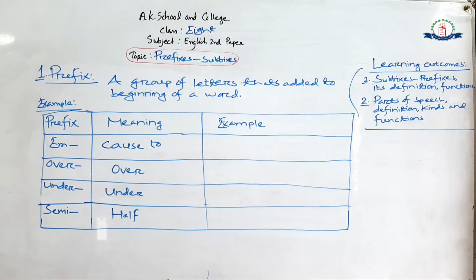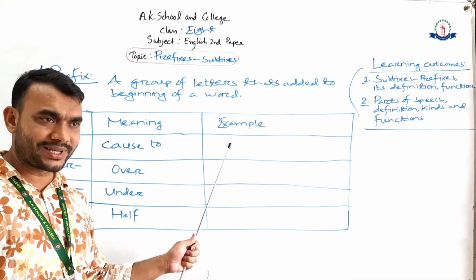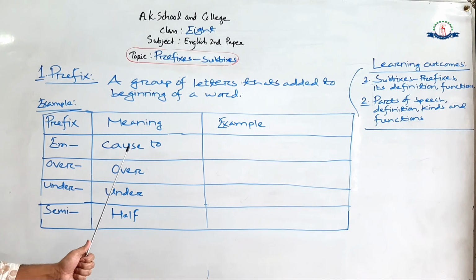So I will take some examples. Here the letters E and M, and whenever you see the example you will get a meaning, which is cause to.